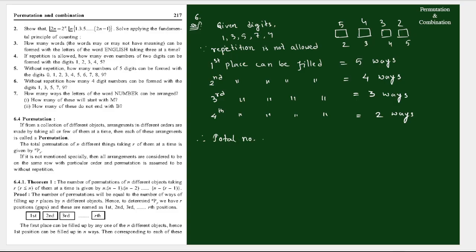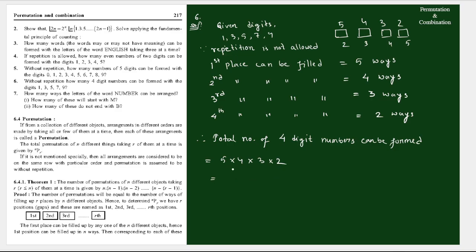So therefore, total number of 4 digit numbers that can be formed equals 5 into 4 into 3 into 2.